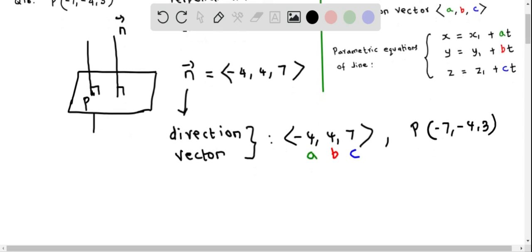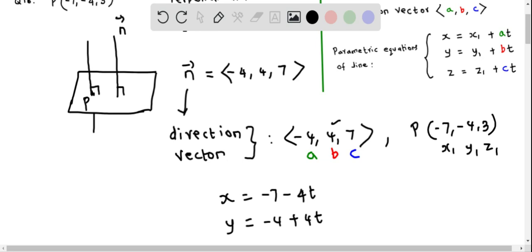So now we can use the parametric equations of the line. We write point P as x1, y1, and z1. So x = x1 + at: I substitute x1, which is -7, and a is -4, so it becomes -7 - 4t. Then y = y1, which is -4, plus bt, and b is 4, so it becomes -4 + 4t.